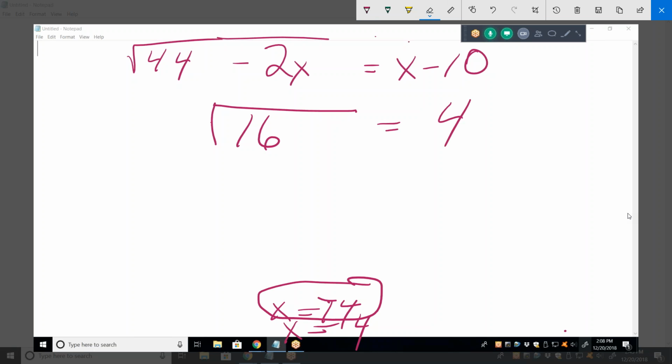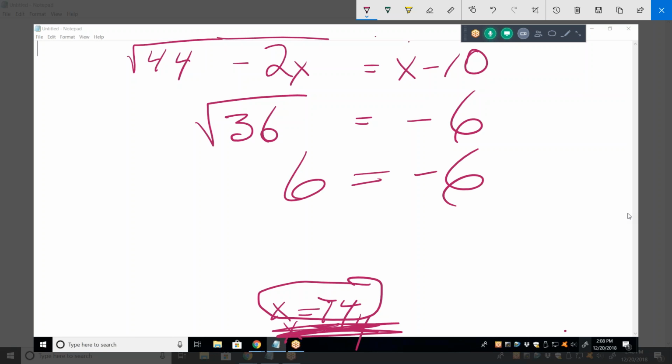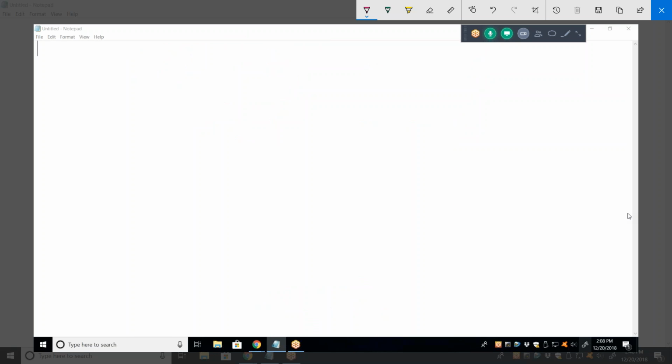Now let's try 4. No, 4 does not work. You end up with 6 equal minus 6, which is not true. Okay. What else?